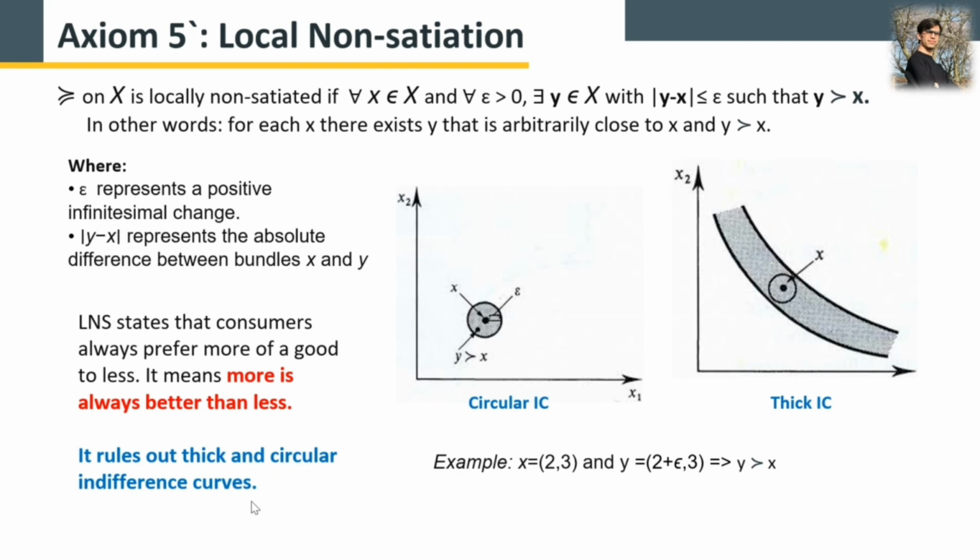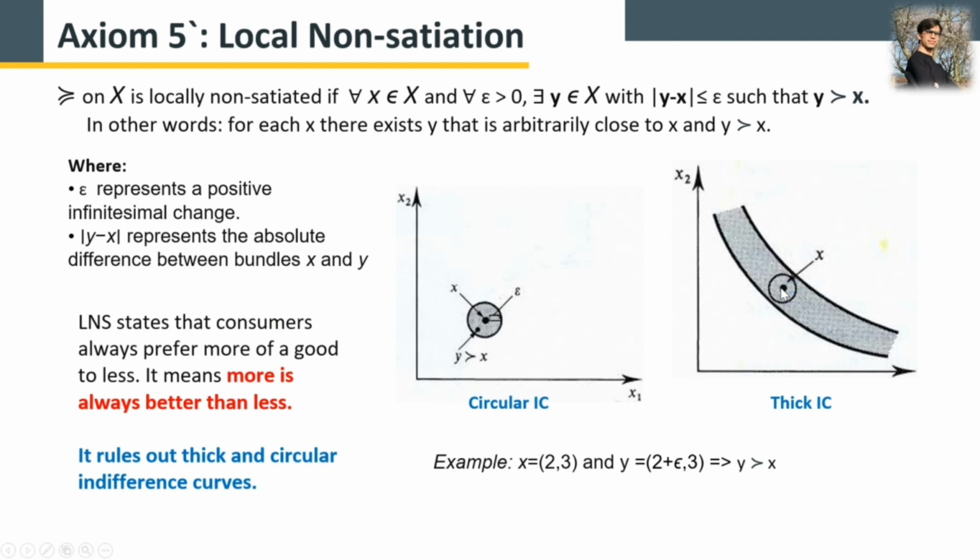Thick and circular indifference curves. Because when we have a thick indifference curve, we may have two different points where one has at least one good more. For example, let's see this thick indifference curve.